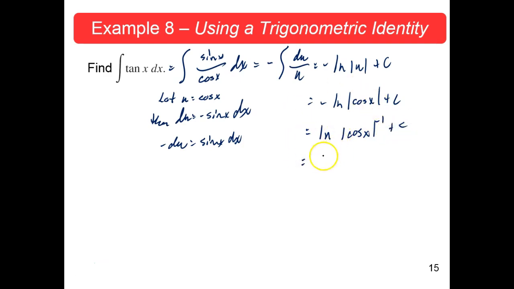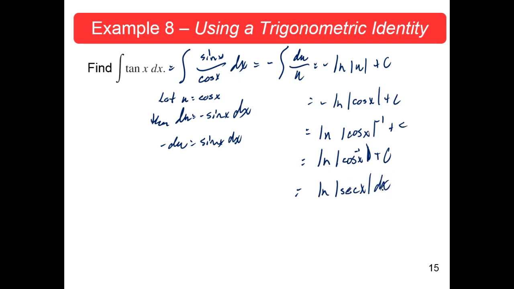And then you could bring the minus 1 inside. And what is 1 over cosine? Anybody? Secant. That would be log of absolute value secant x.